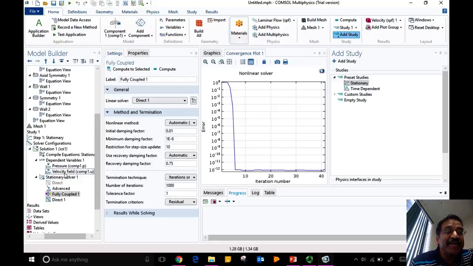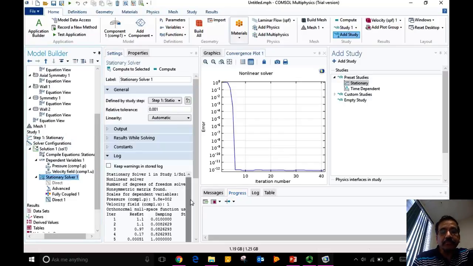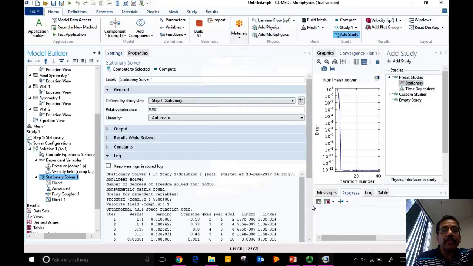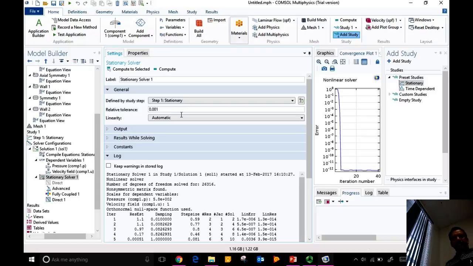Stationary solver. No, at the bottom. Where? Oh, there. Yeah. Okay. It's relative tolerance. You can, yeah. Yeah, but that's 0.001. But we are going way below that, right? So maybe you can try increasing this. Can I try? And then see whether it will help.